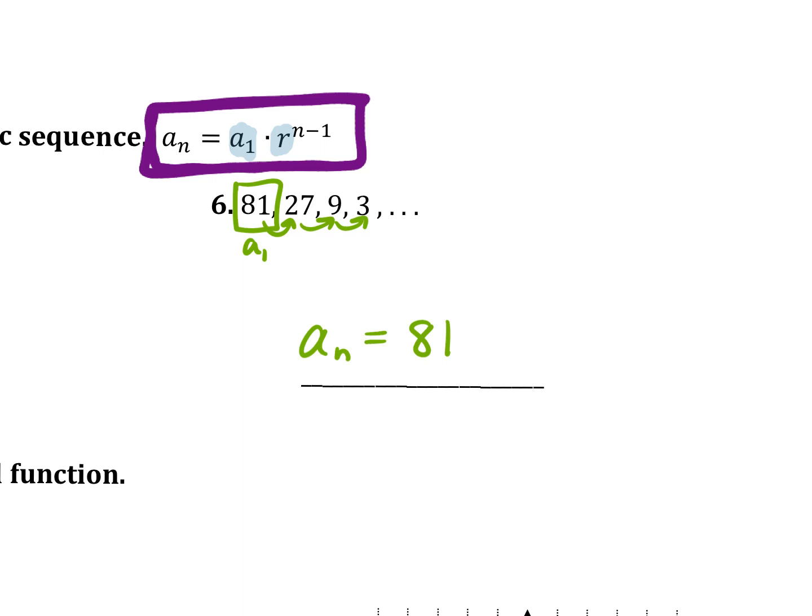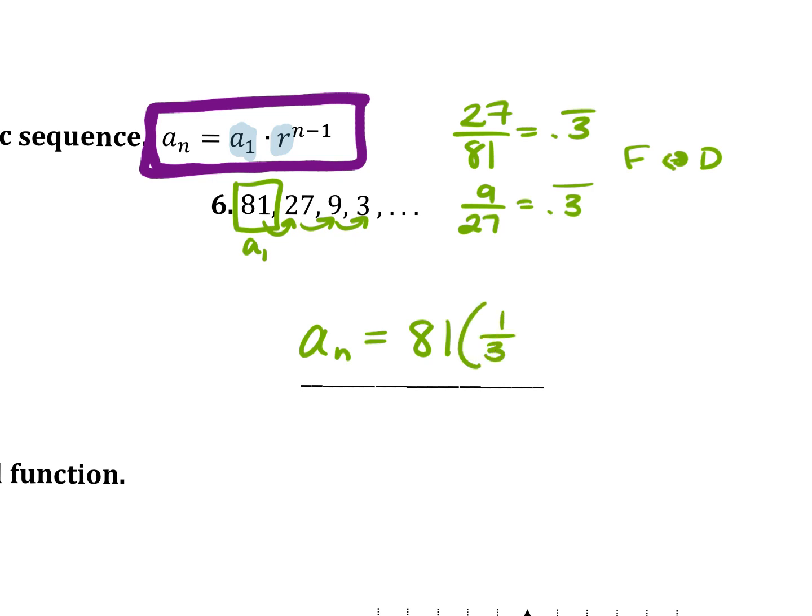It's 1/3. It's 0.3 repeating, but don't do the 0.3. Make it the fraction. You go 27 divided by 81 is 0.3 repeating. 9 divided by 27 is 0.3 repeating. Turn that into a fraction. Do the fraction to decimal button on your calculator, and it will tell you 1/3. To what power?